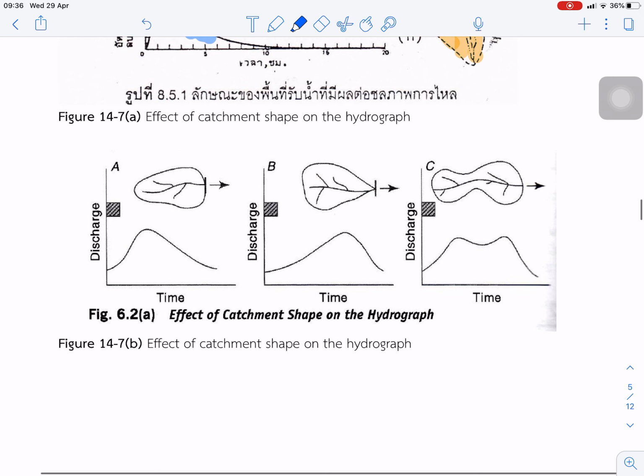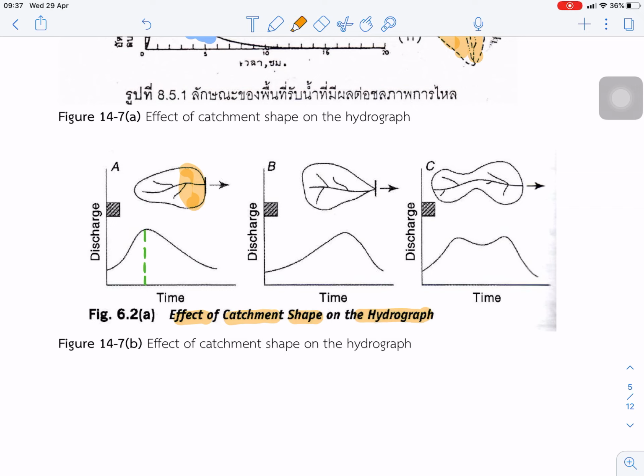This figure shows the effect of catchment shape on hydrographs. If the large area is close to the outlet, we expect a short time and the peak comes soon.